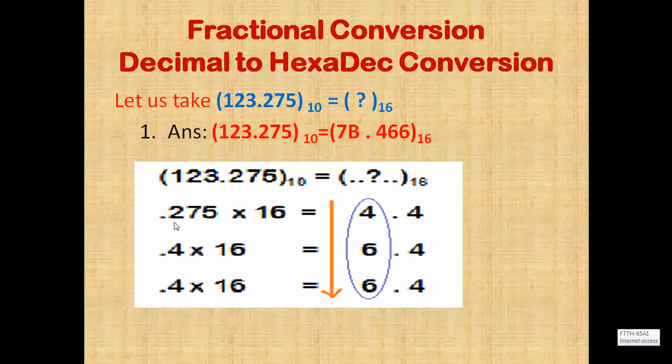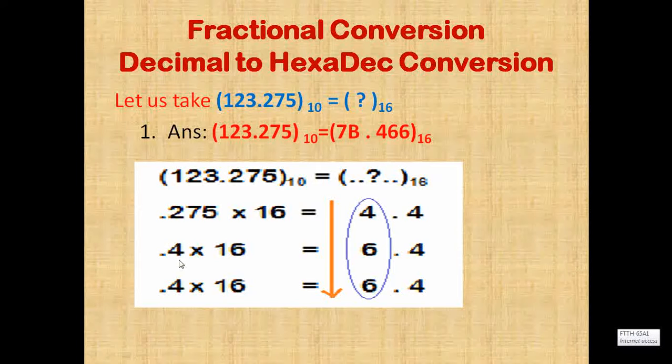So to convert 0.275 into hexadecimal, we'll multiply 0.275 by 16, we get 4.4. And now we will leave out this integer part, which is 4, and we'll consider only this fractional part, which is 0.4.